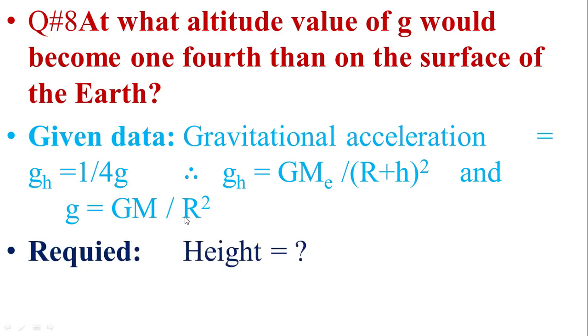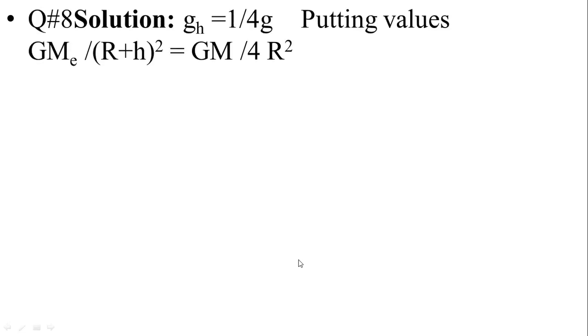Required altitude, meaning height, is equal to question mark. Now, given data and required formula. According to given condition, g_h is equal to one-fourth of g on the surface of Earth. So we calculate by putting the formulas according to their values.